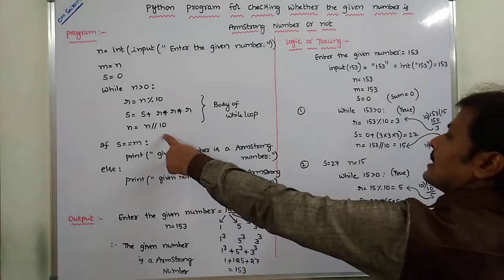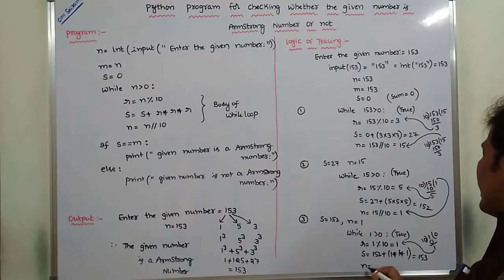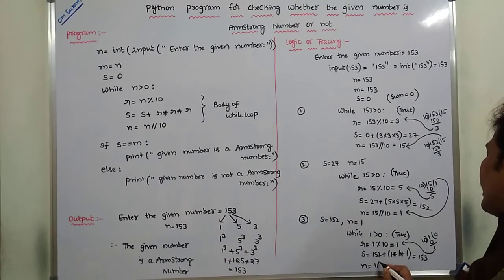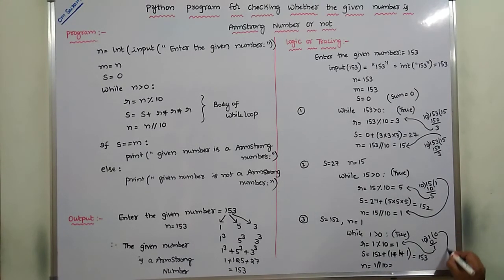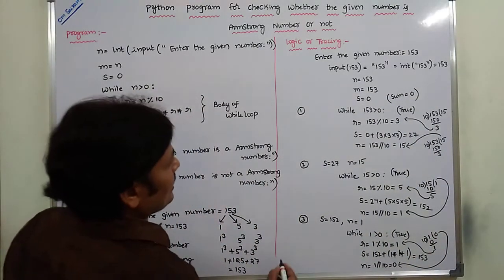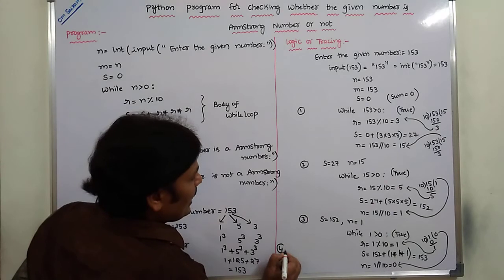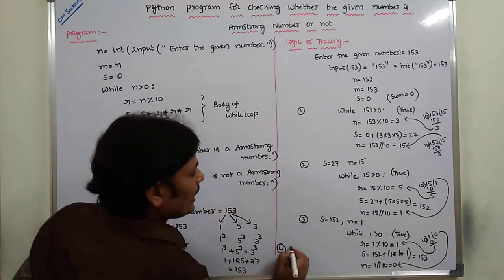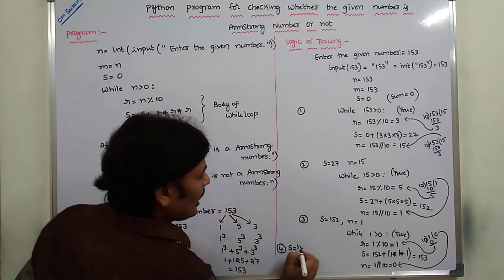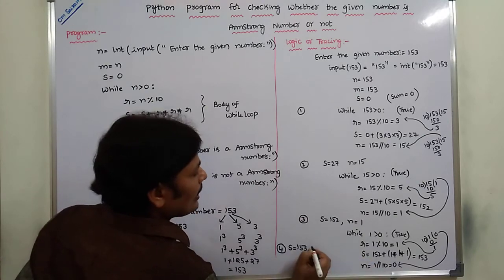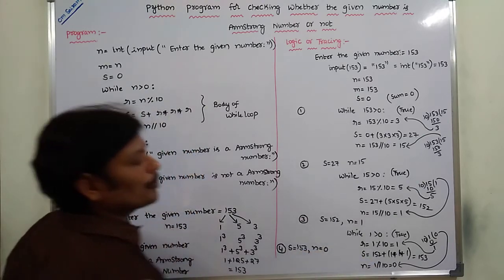Next step, n is equal to n by 10. n is equal to 1 divided by 10, what do we get? This is 0. Next, go to the fourth iteration. What are the values we are getting? s is equal to 153 and n is equal to 0.